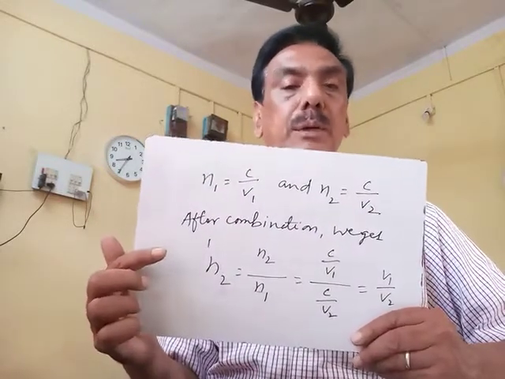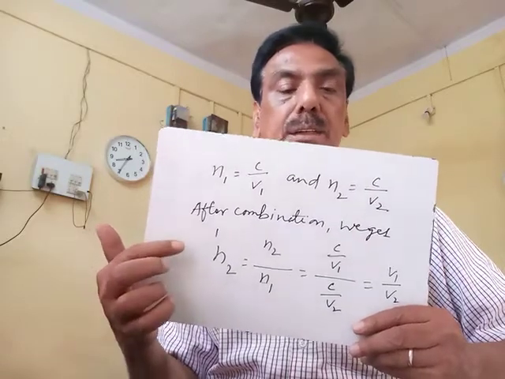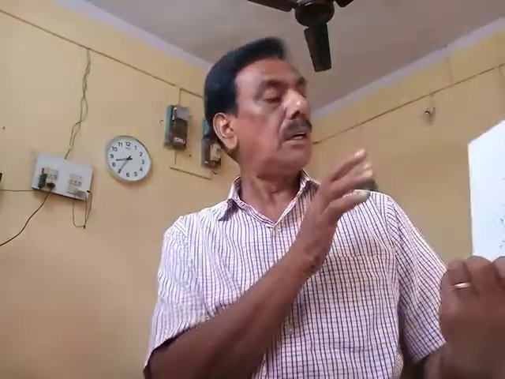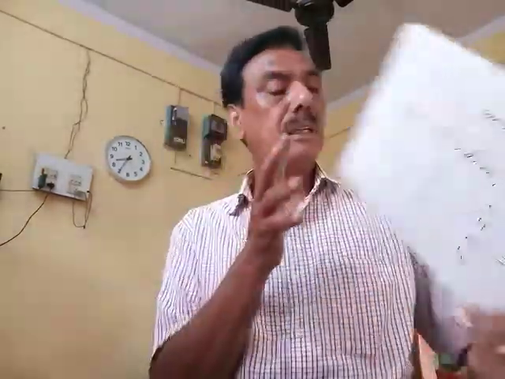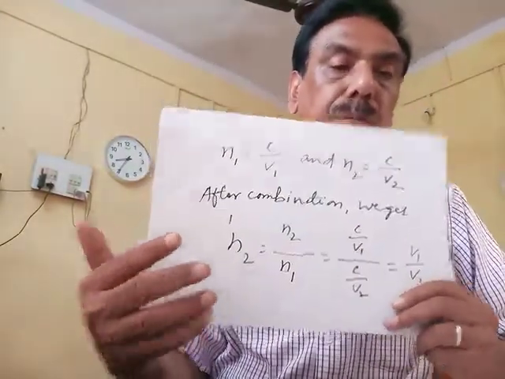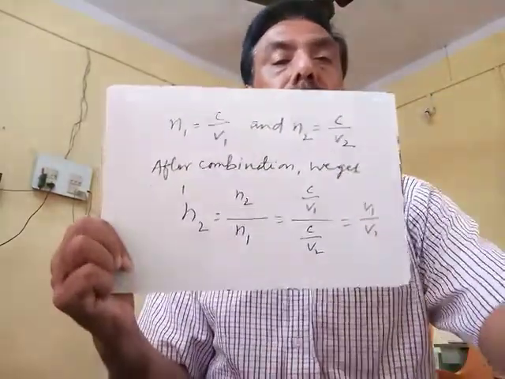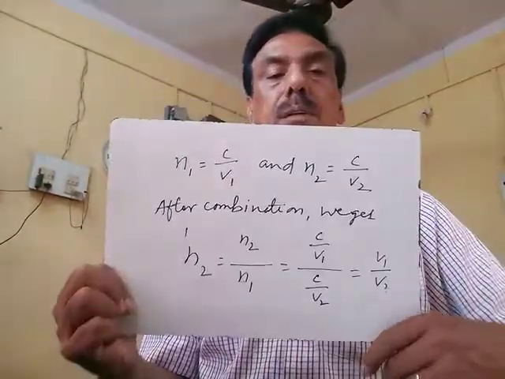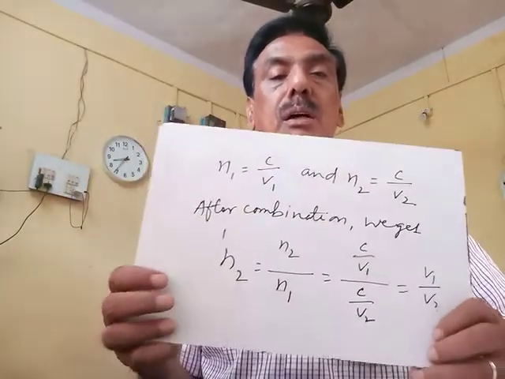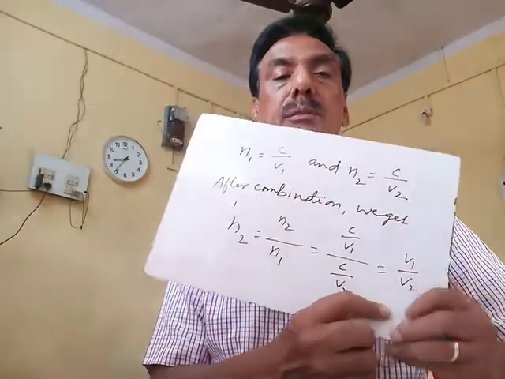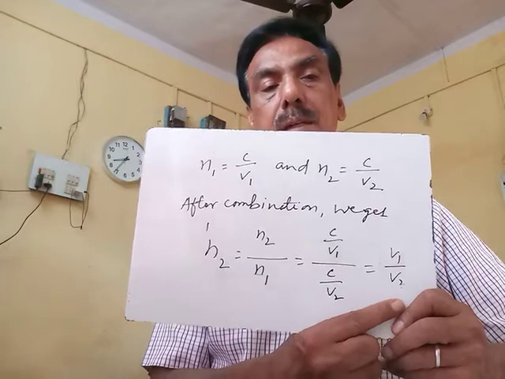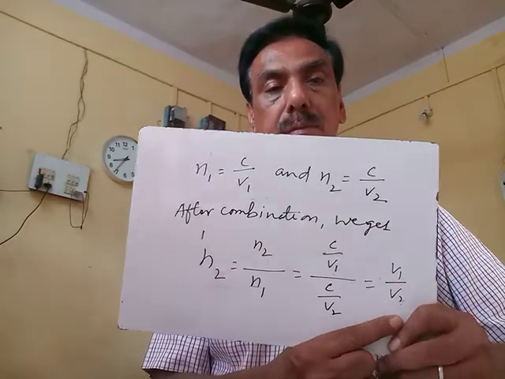So when we combine these two together, we get the refractive index of medium 2 with respect to 1. The refractive index of medium 1 with respect to medium 2 is v1 by v2. So speed of light in the first medium divided by the speed of light in the second medium.